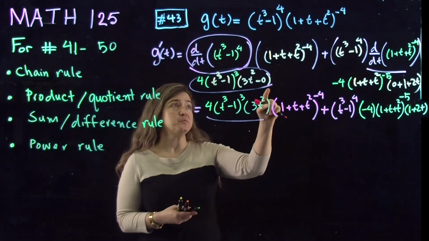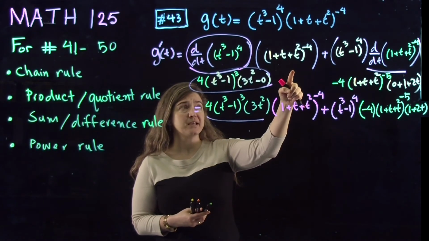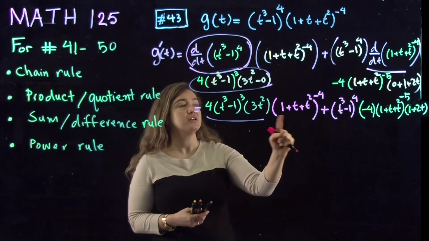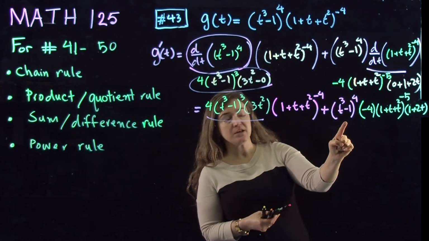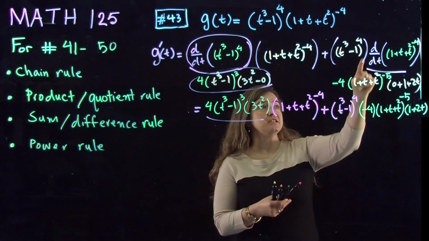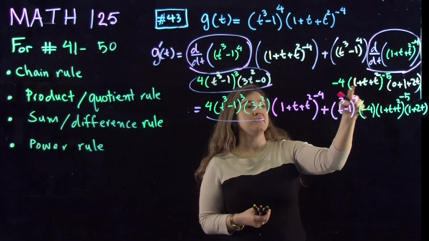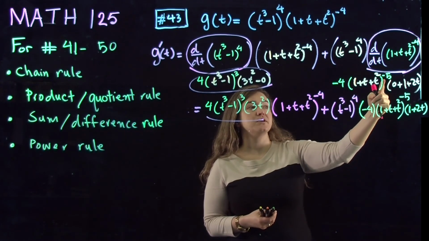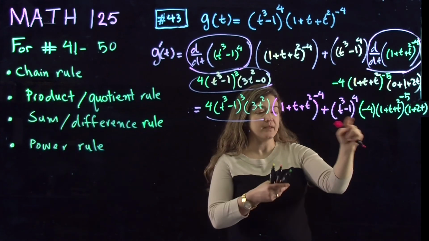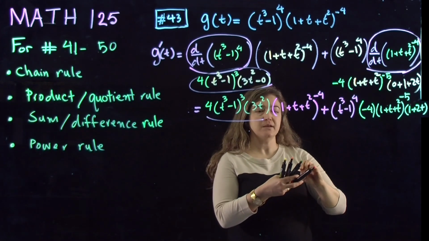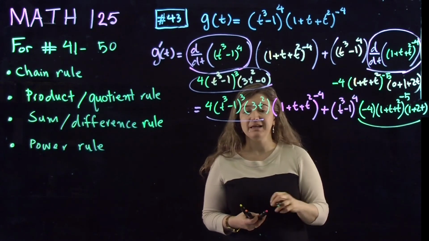And then the next part is just the next factor unchanged, plus this time the first factor unchanged, and then you multiply by this derivative that we figured out is going to be negative 4 times 1 plus t squared to power negative fifth times 2t. And so this entire thing is going to be that derivative, multiplying it all through.